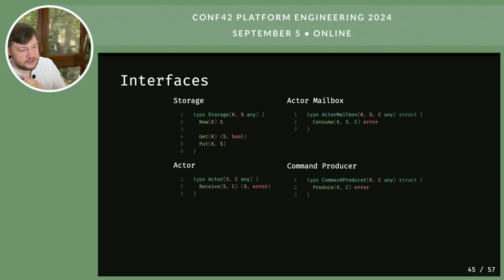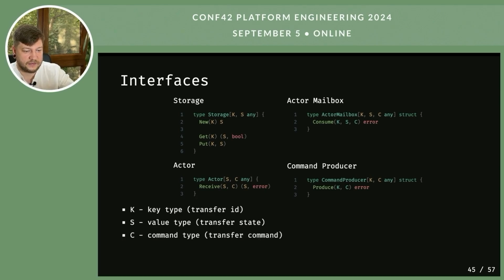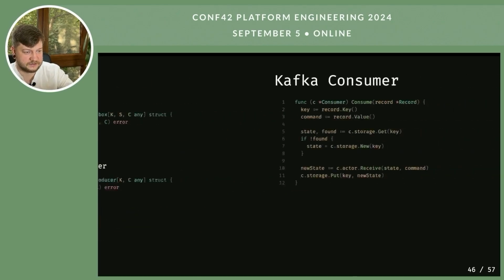Command producer is something just to tell an actor about a new command or message. So of course it should know about key and command as well. So for example, through this interface, we can tell the compliance system or even the self-transfer topic, hey, you have a new command here. Oh yeah, and this is about what these types mean here.